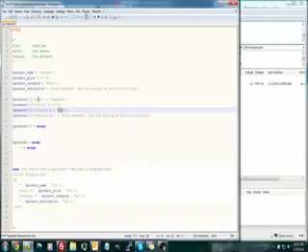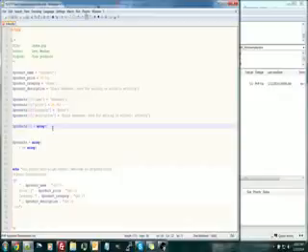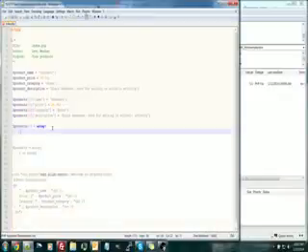Okay, so this is now irrelevant. All that's irrelevant. We're instead going to go here, products 0, name. Because we have products 0, name, price, category, description, name, price, category, description.